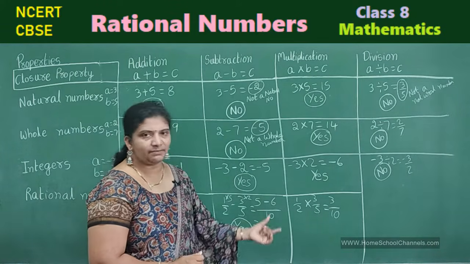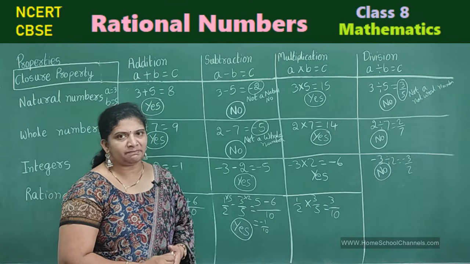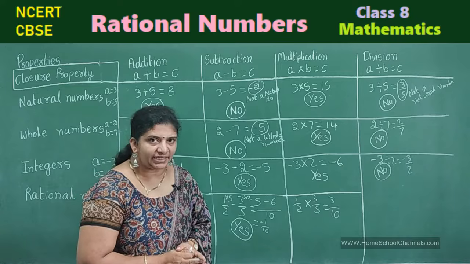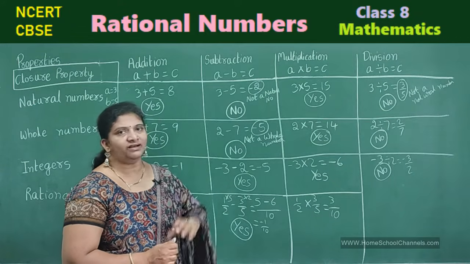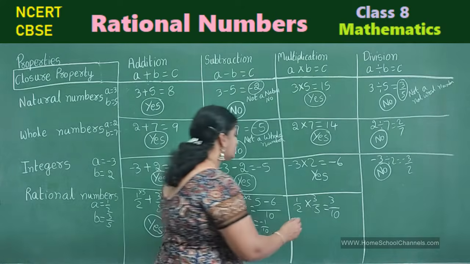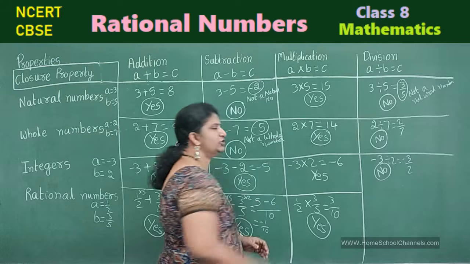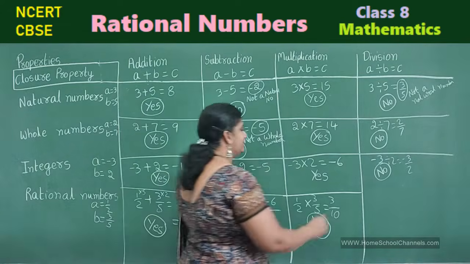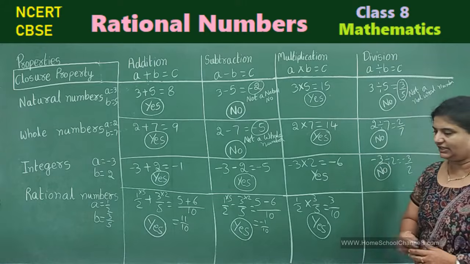The two rational numbers, if you multiply, the result is also a rational number. Closure property holds good for rational numbers under multiplication. So what we write? Yes, it is true.